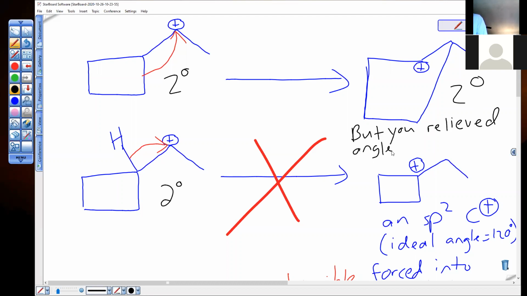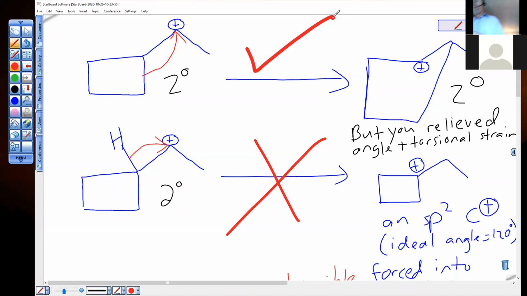Angle and torsional strain. That's a big fat check mark. That's a great thing. That has nothing to do with substitution. We can't forget the stuff we learned previously in this class.